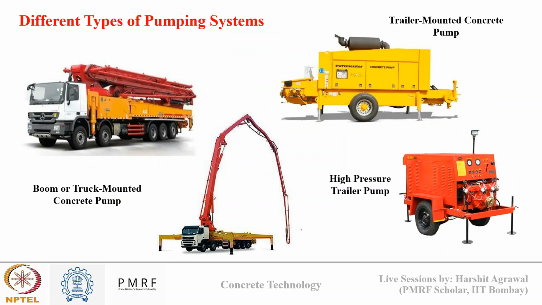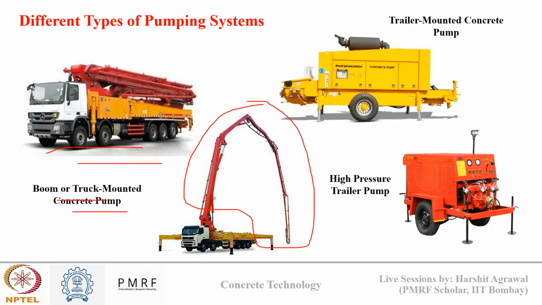Now there are different types of pumping systems that you can see in these figures. First is the boom or truck mounted concrete pump. It's basically a concrete pump which is mounted on a truck with a hydraulic boom. So what is a boom? A long flexible arm, like you can see here. This is used to place concrete exactly where it is needed, which is perfect for high rise buildings and large areas.